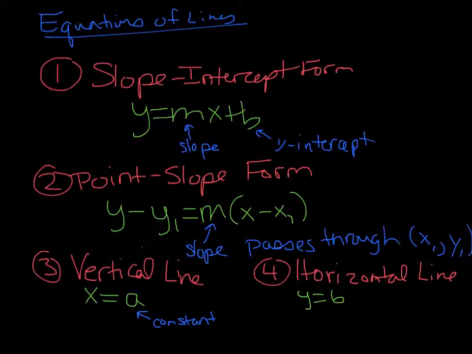I'll just call it b. So it can be any number. Y equals can be like y equals 5, y equals 3, y equals -1. Same thing with vertical lines. It can be x equals 5, x equals 20, x equals -10. Any of those are acceptable lines for those.